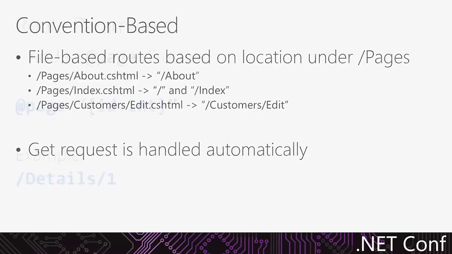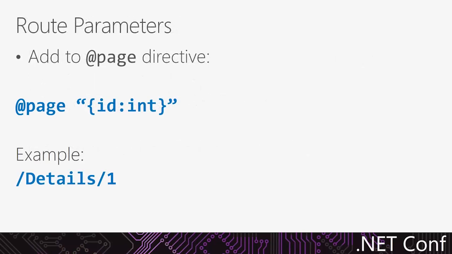So when you're looking at a page, in addition to just specifying @page, you can also specify its route template. In this case, you can see that we have a route template that is curly brackets with an ID that's been limited to being of integer type. And so this will correspond to routes such as /details/1, where the 1 now is going to be used as the ID parameter for this page's route.